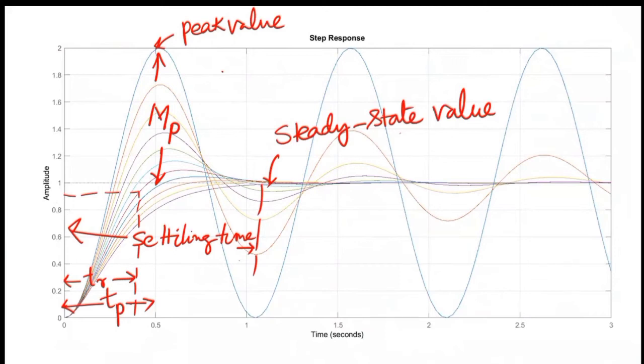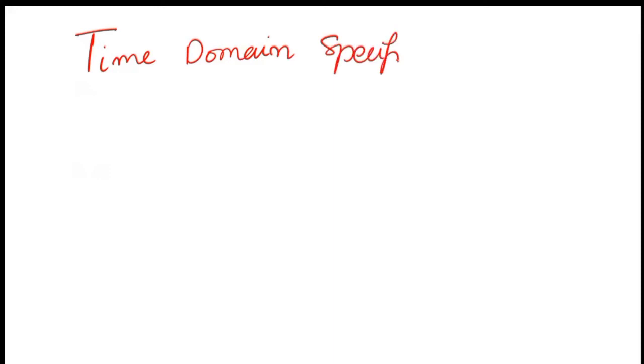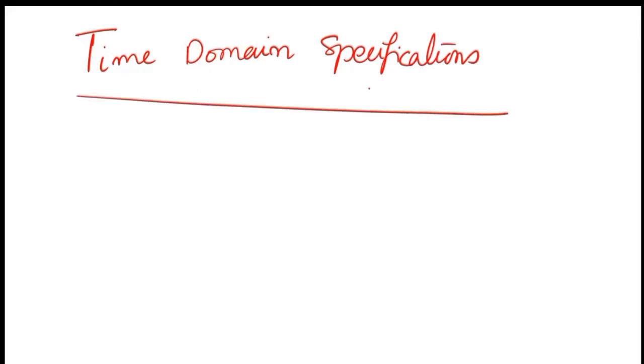So let us define the time domain specifications of a second order system. First one is rise time.